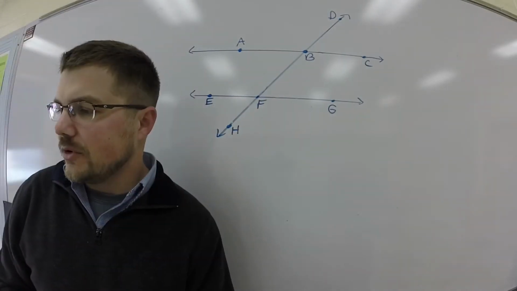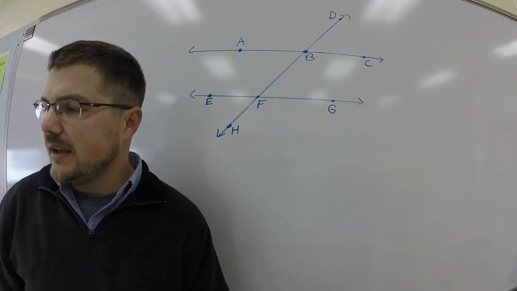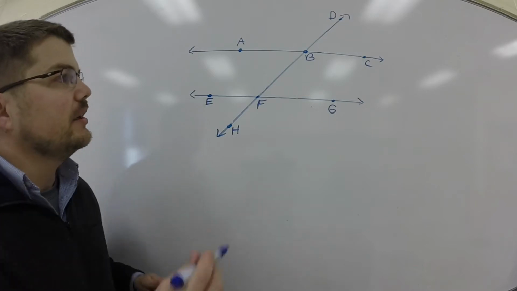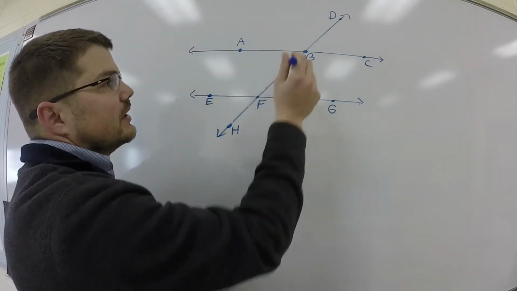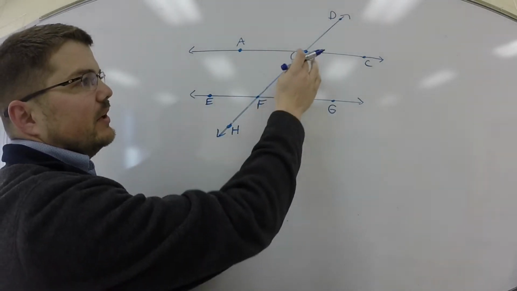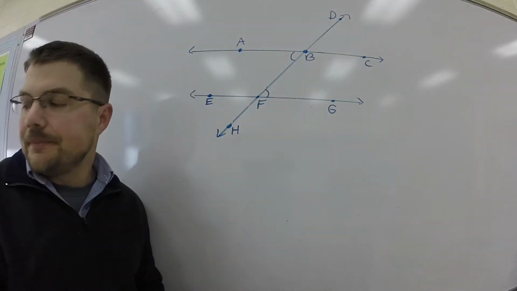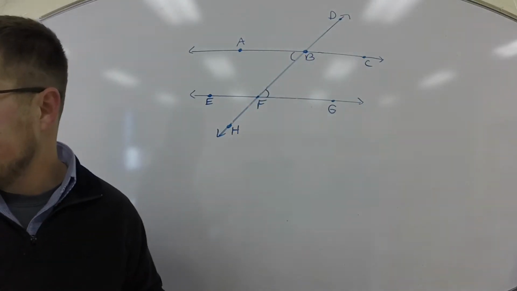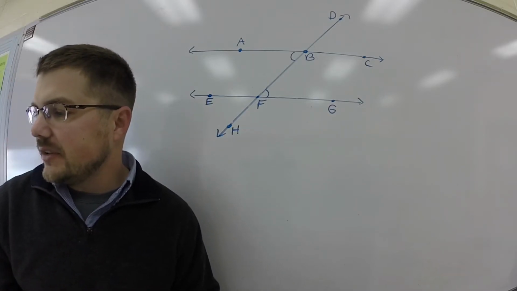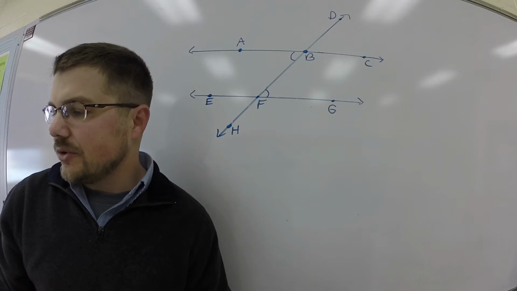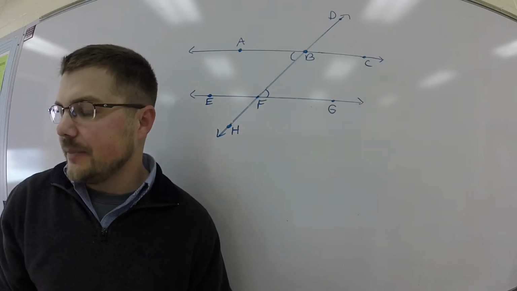Okay, for number four, it says angle ABF and GFB are. ABF is this one, and GFB is this one. So what would we call these angles? Our answer choices are alternate interior angles, alternate exterior, corresponding, vertical, and same side interior.